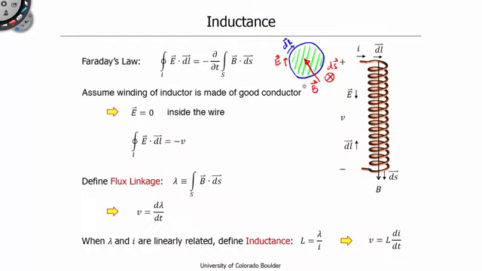Now we can take this Faraday's law and apply this to our coil structure here. First, let's identify the loop in this case. Here the loop will be along the length of the wire, and it will return back through the external circuit.